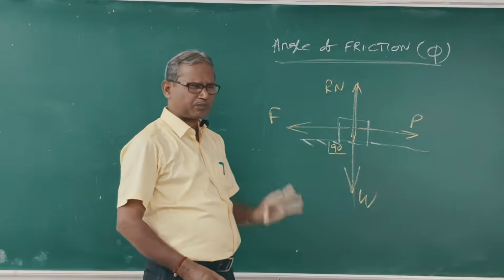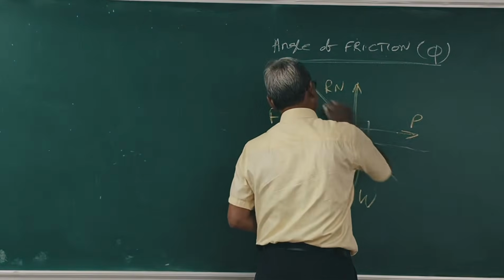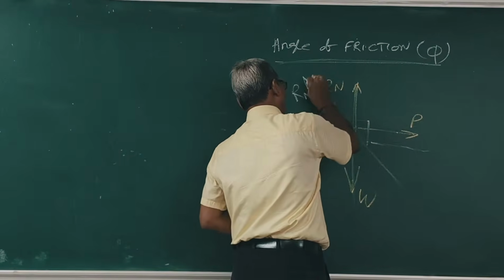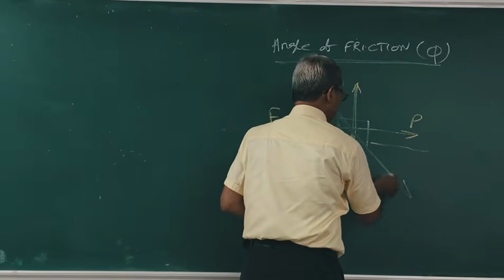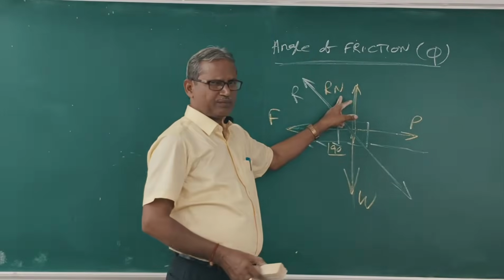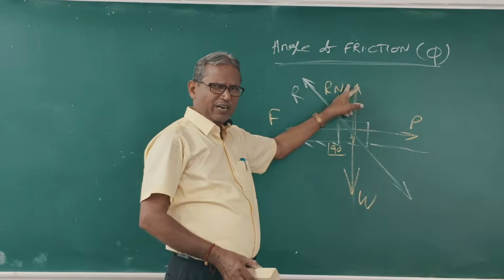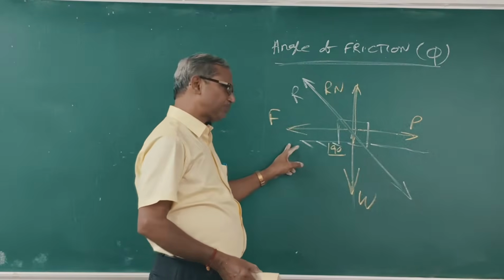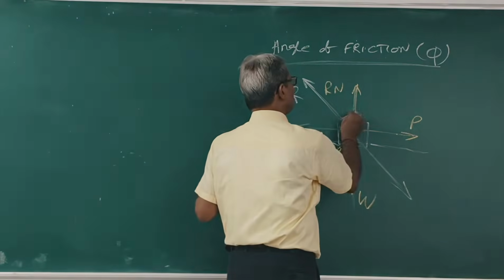That means the resultant force R of Rn and F. Clear? This is the resultant of P and W, this is the resultant of F and Rn. So the resultant reaction R, normal reaction Rn, frictional force F. This angle is phi.